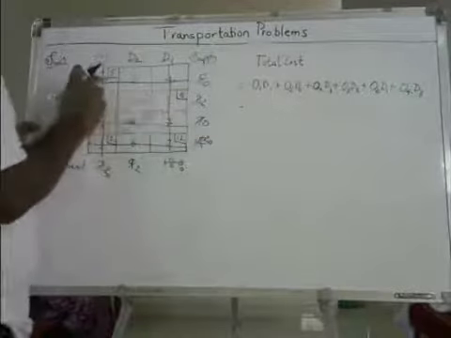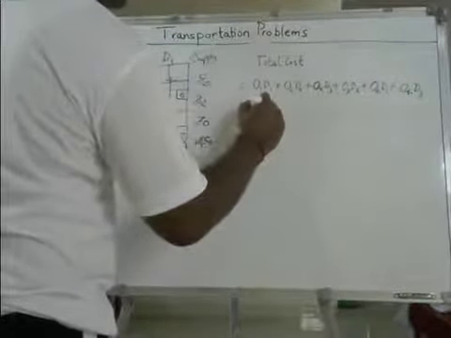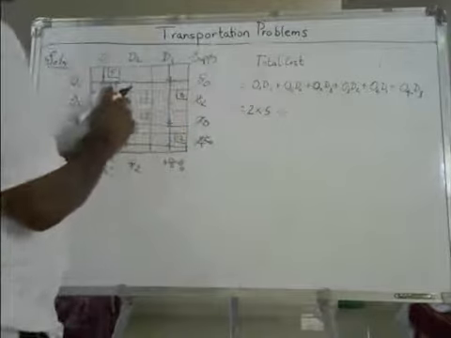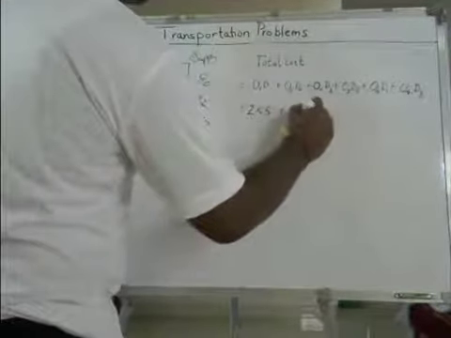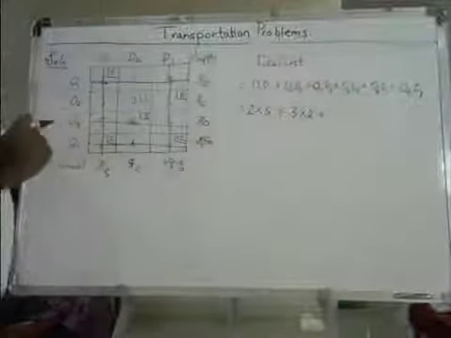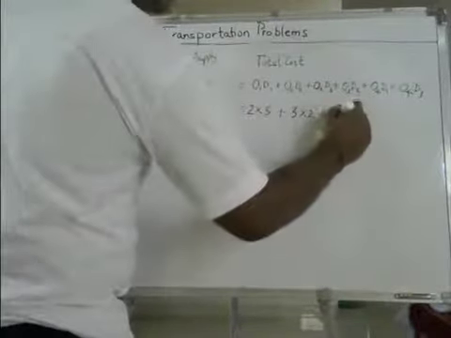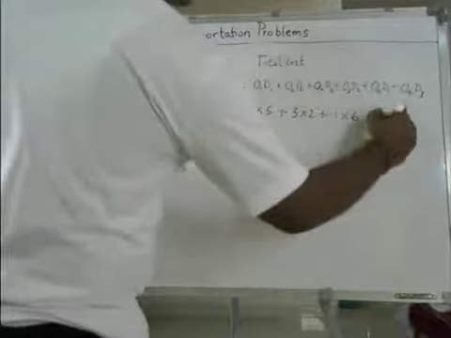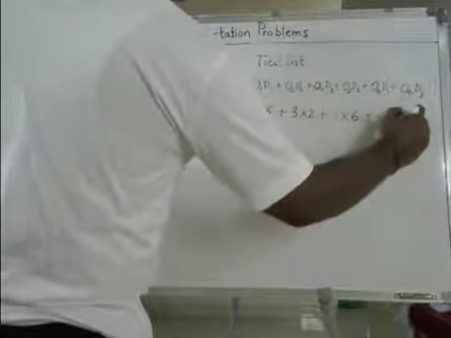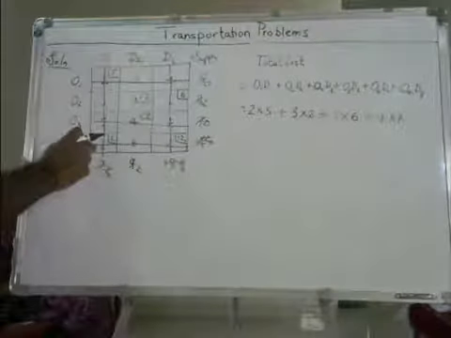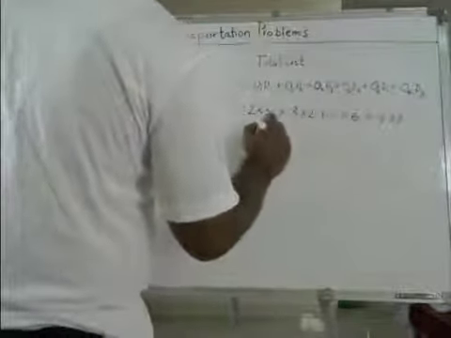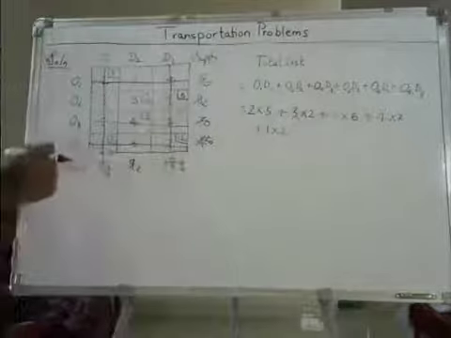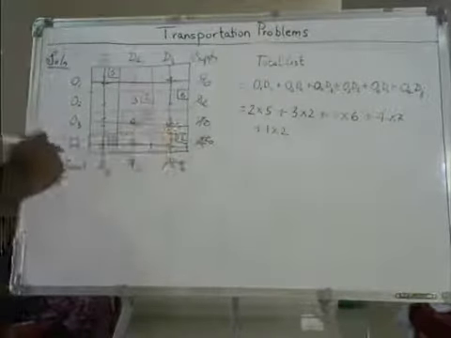2 into first O1 D1 is 2 into 5, plus 3 into 2, right, 1 into 6, plus 4 into 7, 1 into 2, plus 12 into 2.